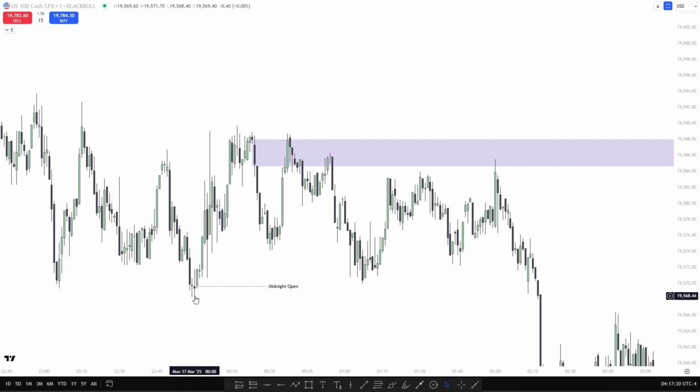So that will be the midnight low here, and here the top of the range will be this candle at 12:17. You want to measure this range like this.